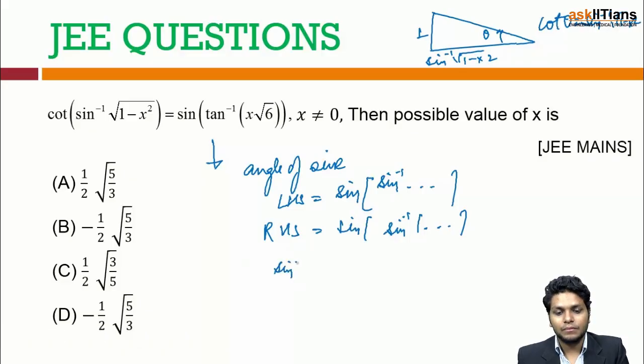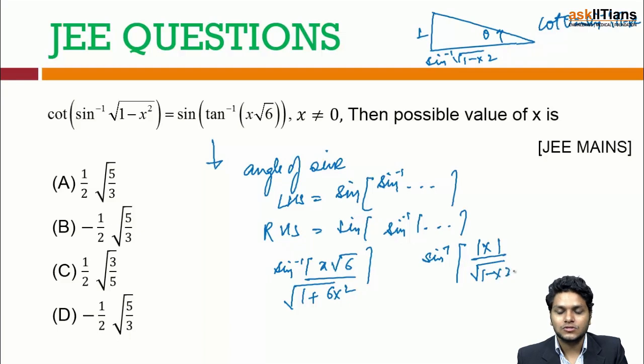Sine inverse will become x root 6 over 1 plus 6x square under the whole root, and on the left hand side I will have the whole thing in terms of sine. So sine inverse of mod of x root over 1 minus x square.